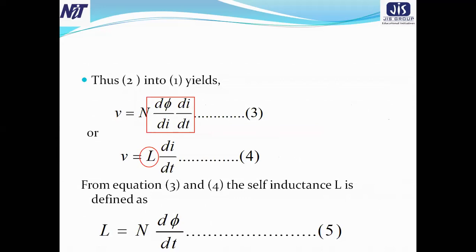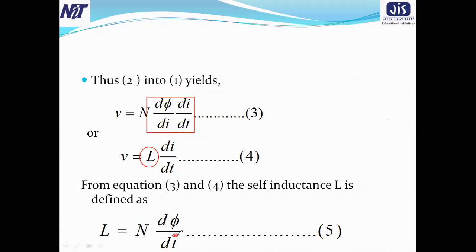So L is obviously equal to N into dφ/di, not dt. This will be i. Let's rewrite this. There is no problem with this part, but here we have to change. It is written wrongly.